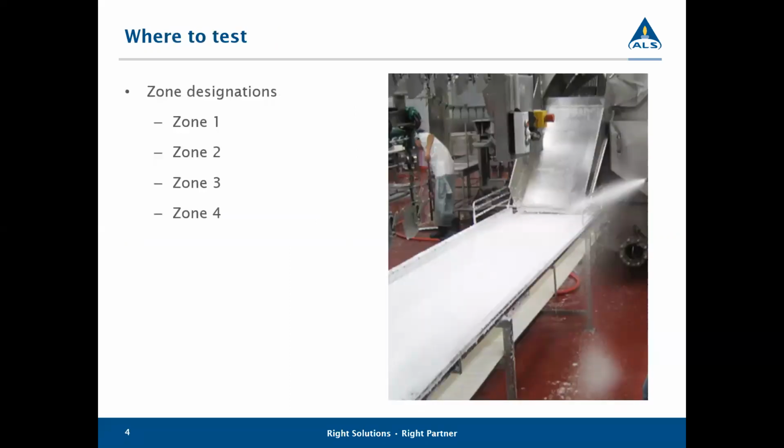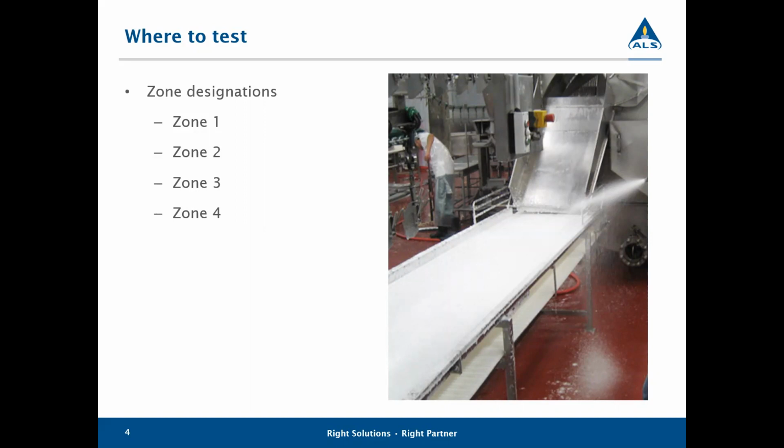So where are the best places to test? The most common industry practices are zone designations. Zones 1 through 4 are the most common. There's various names out there. But zone 1 is essentially the area in which a food actually comes in contact with the production surface.